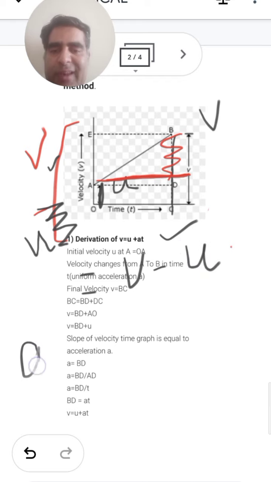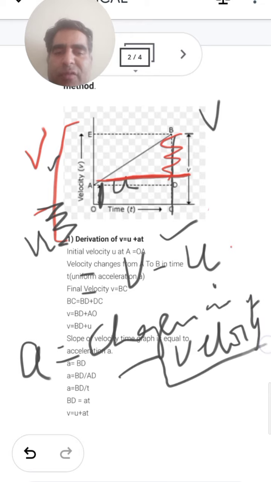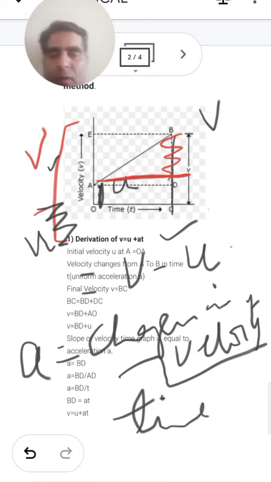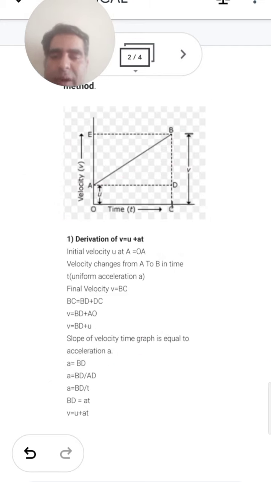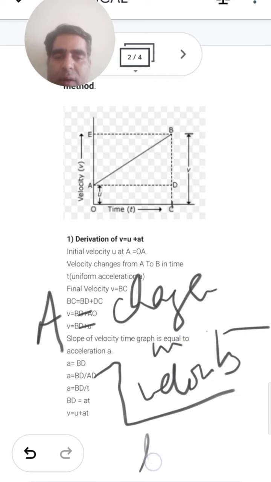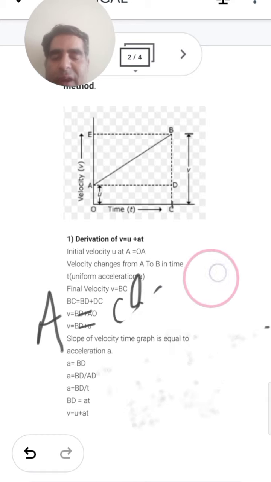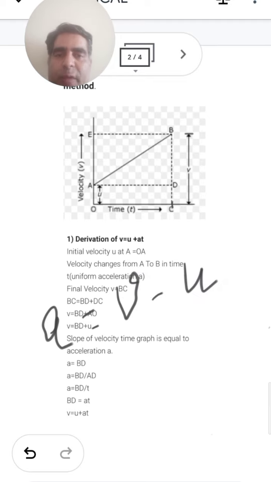So the acceleration is equal to change in velocity upon time taken. What is the change in velocity?